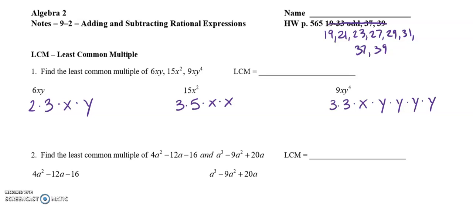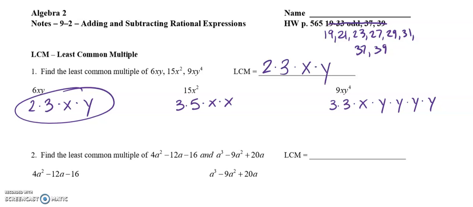So when we're finding the least common multiple, we need something that all three of these pieces will go into evenly. So for the 6xy, we just need one of everything. So we need a 2, we need a 3, we need an x, we need a y. Now, when we look at the 15x squared, I already have the 3, so I don't need one of those.